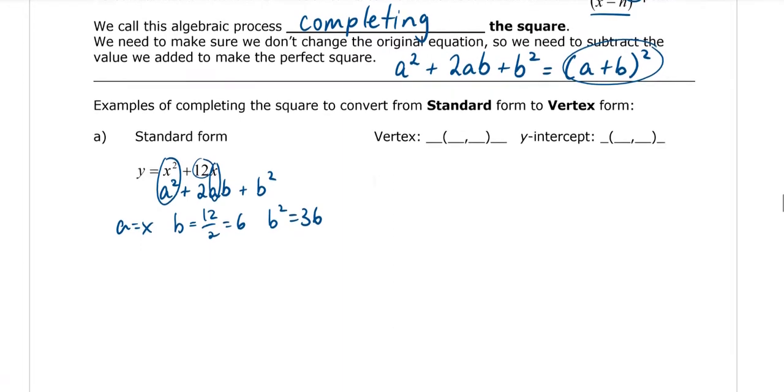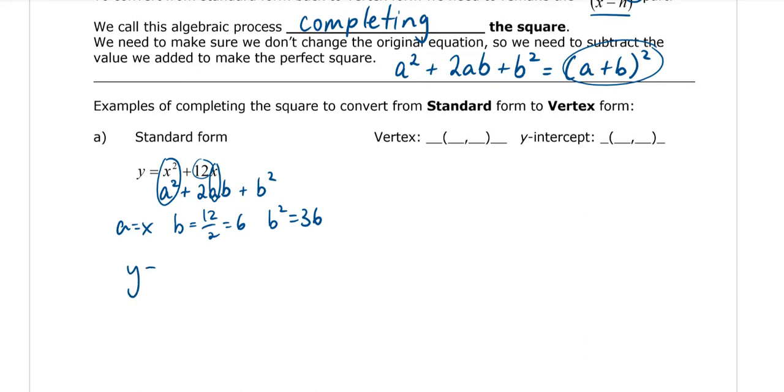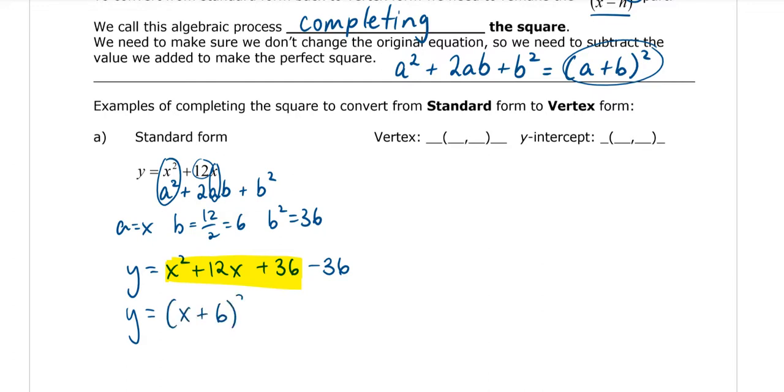Okay, so if I want to complete this, I'm going to say y equals x squared plus 12x plus 36. But if I'm adding a 36 to my original equation, I'm going to balance it out by subtracting 36. These three terms, that's a perfect square trinomial. So I can rewrite that as y equals x plus 6 squared minus 36.